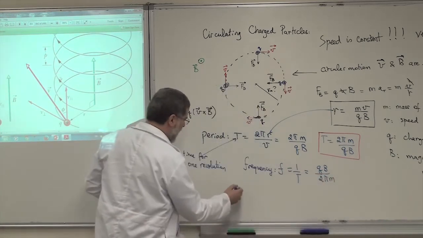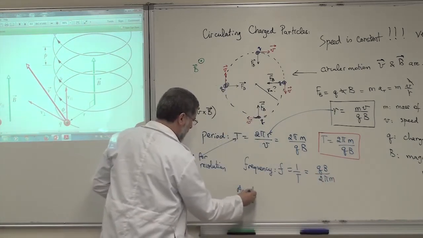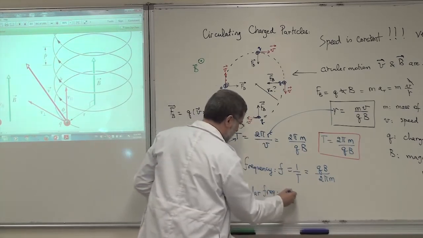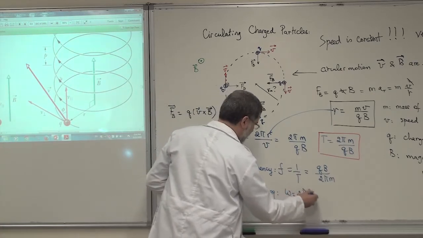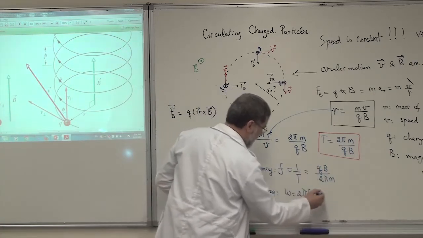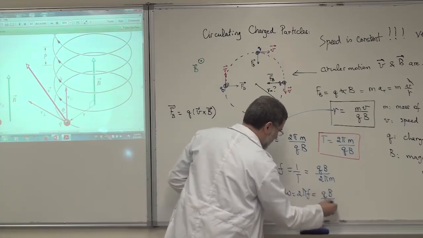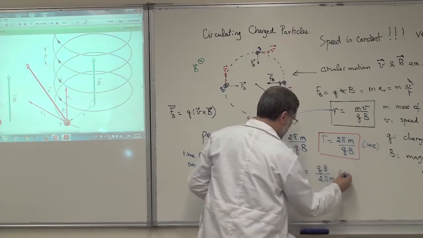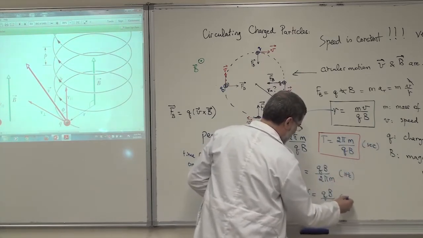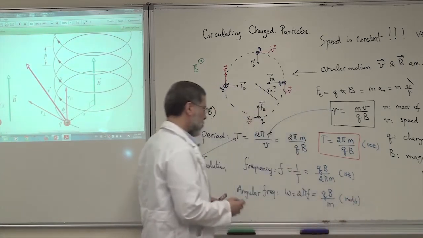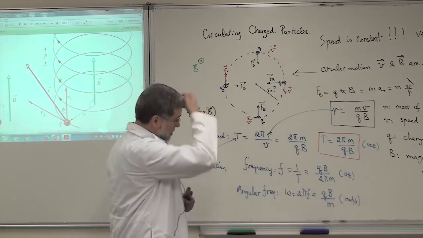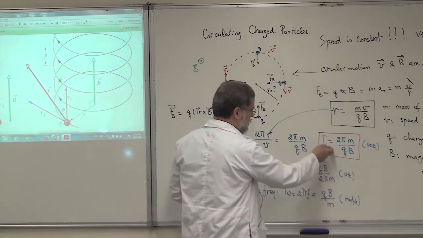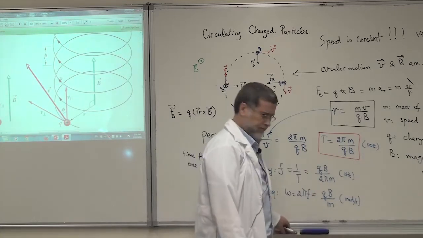We can also find the angular frequency of this circular motion, omega, which is equal to 2 pi f. So when I put this value of f, the 2 pi with 2 pi will cancel. You end up with qb over m. The period is in seconds, the frequency is in hertz or 1 over seconds, and the angular frequency is in radians per second.